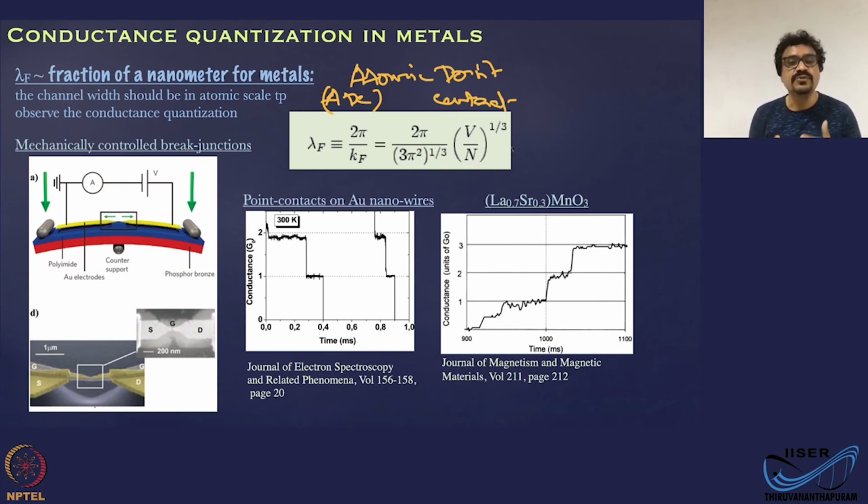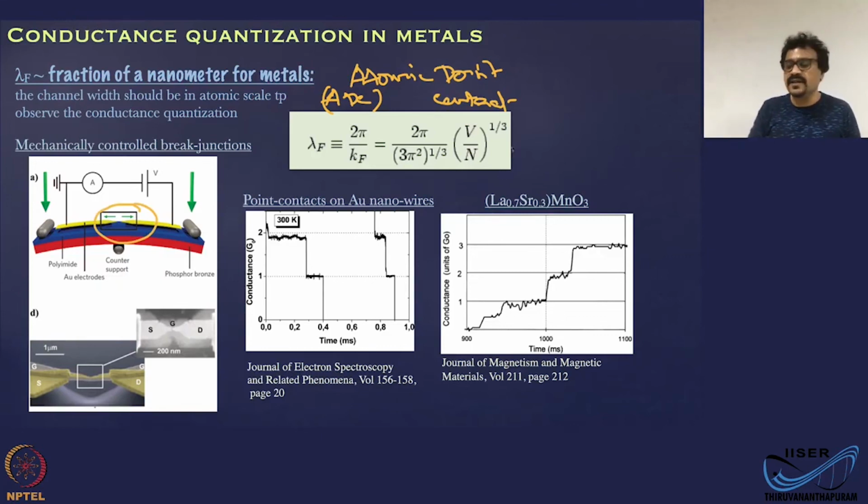So the way that we achieve this is taking a conductor and pulling it or bending it, to a point where the constriction is made by a contact between a few atoms, and eventually you break it, then you're done. So you can pull a thinned conductor.